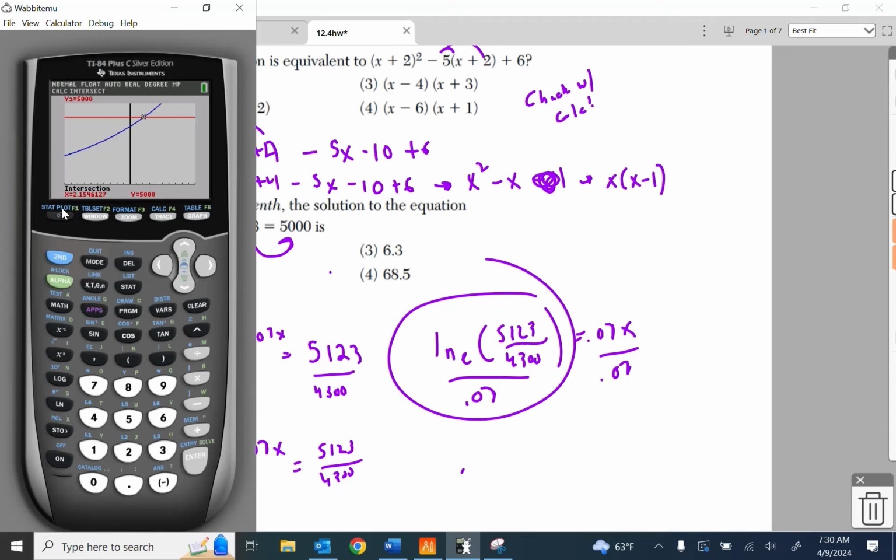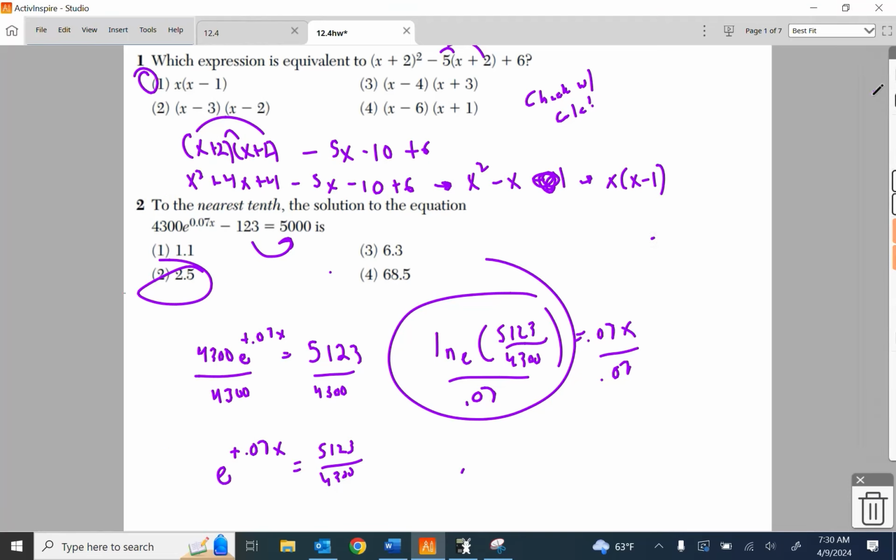Do I have a typo? Oh, I forgot the minus, didn't I? I'd love to tell you it's a Monday, but it's a Tuesday. Try that again. Second trace 5. Enter, enter, enter. There you go, 2.5018. Moving forward.